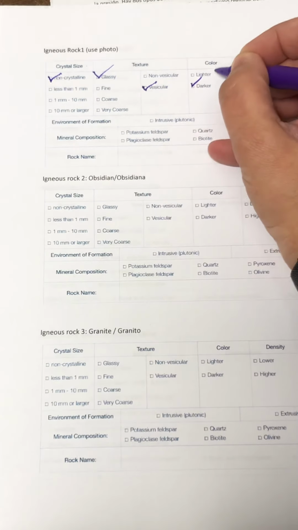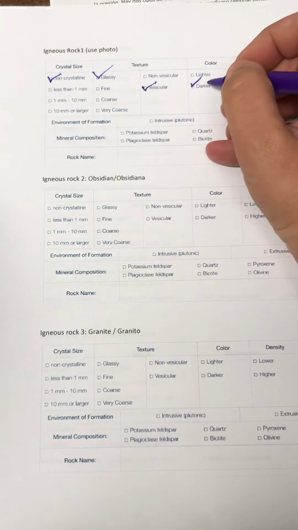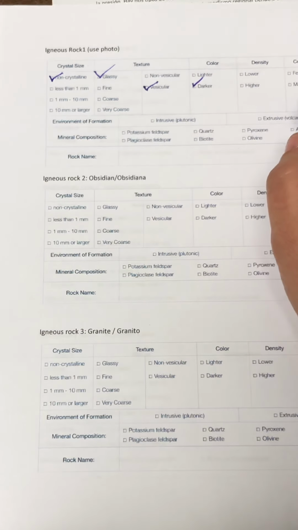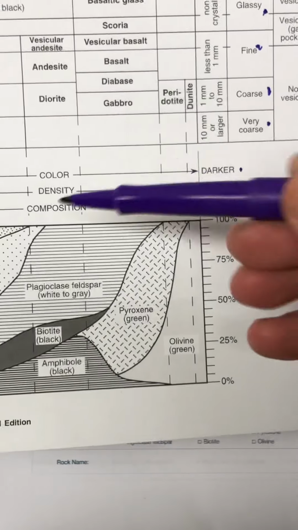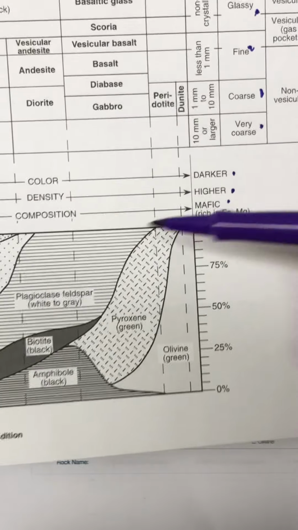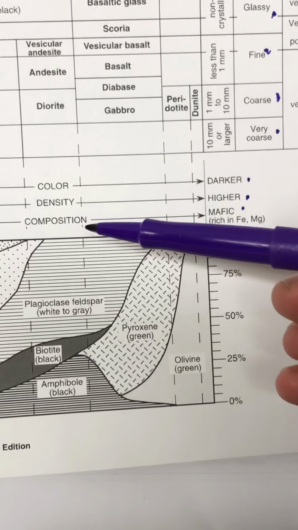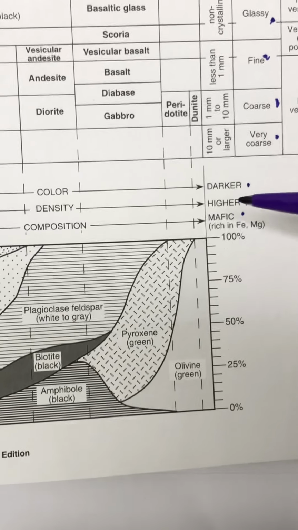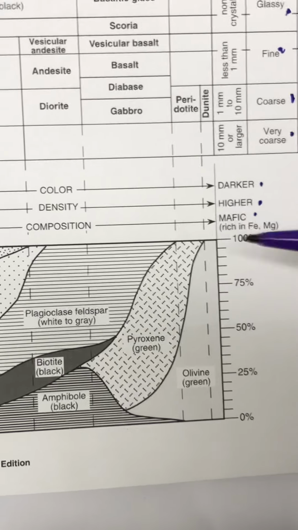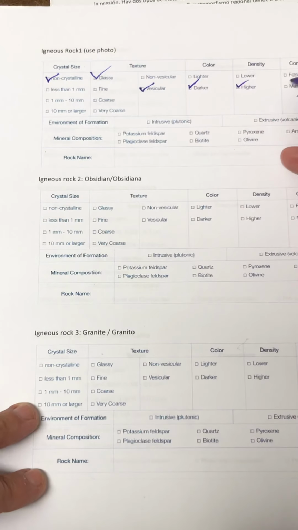Now, once I've said that something's either light or dark, I'm going to go straight across because remember, when I had this chart before, I said that if everything was on the right side, that means color, density, composition are all going to be the same. Okay, so if I have a darker color, that means I'm going to have higher density, more mafic.